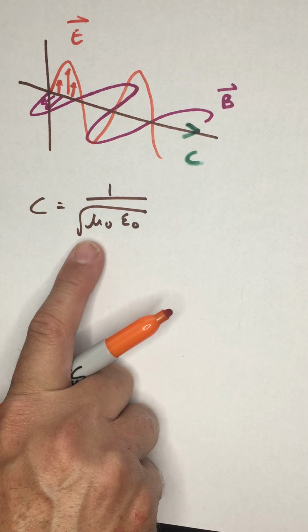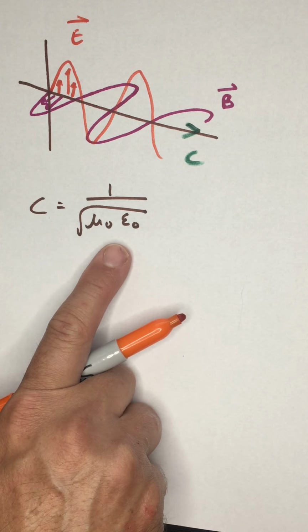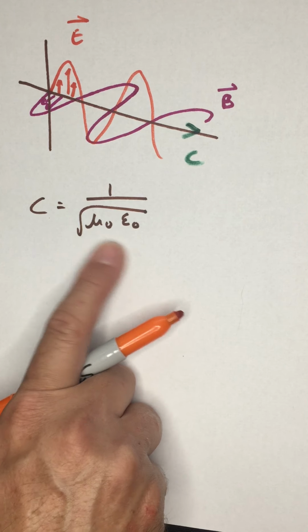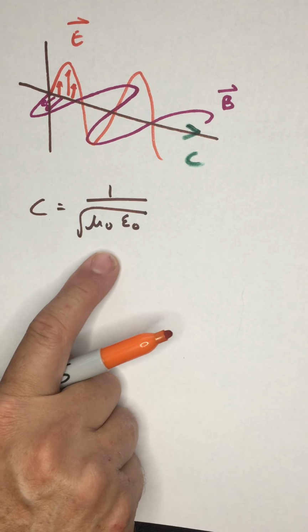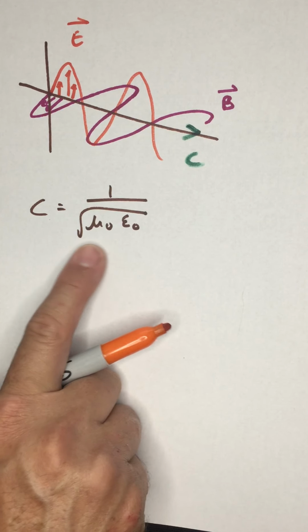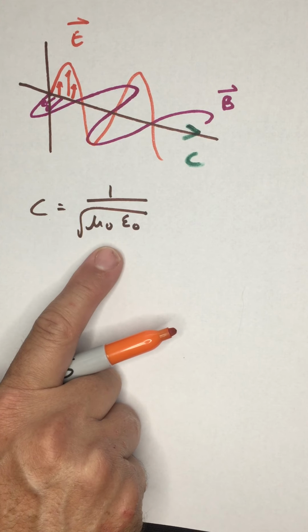So you have this component that's associated with the magnetic field. You have a component that's associated with the electric field. This was actually a surprise when it was developed. They didn't call them electromagnetic waves back then because it wasn't really clear what was happening. But this clearly shows that something is going on between a magnetic field and an electric field.